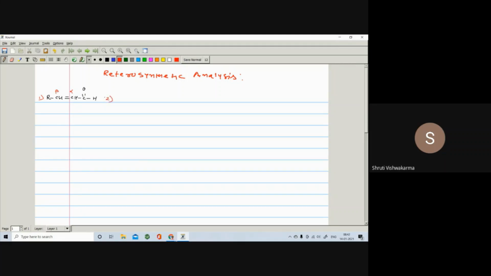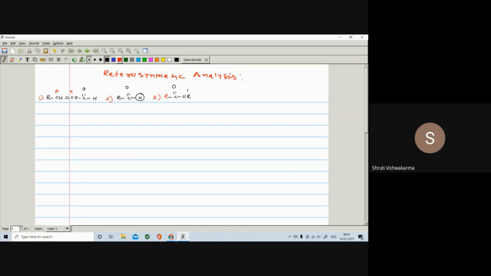Number two example we have taken is the carbonyl compound, aldehyde or ketone. Number three example we have taken is ester, RC=O and OR dash. We have taken these three examples.